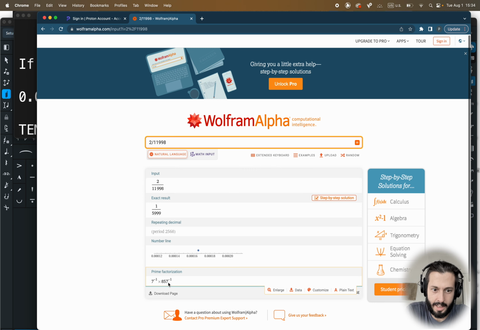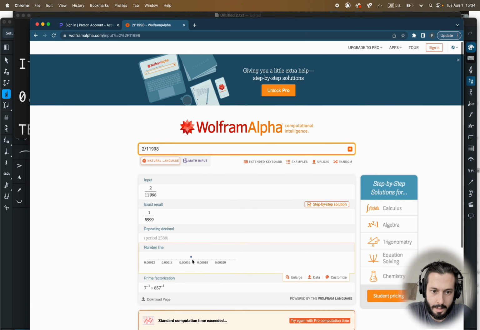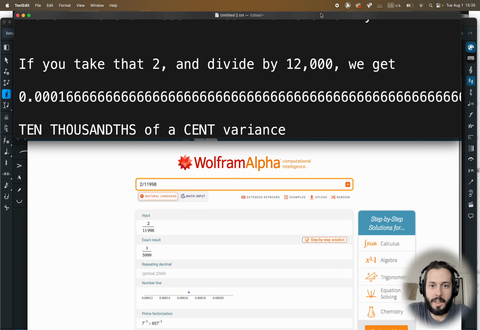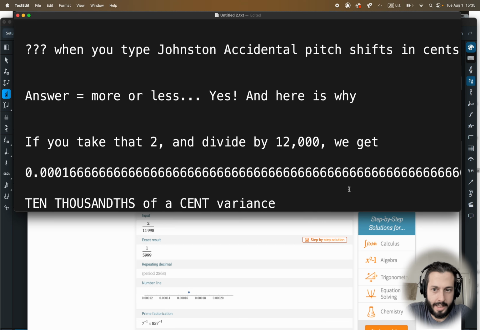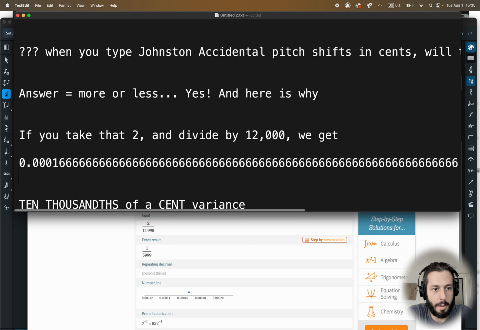That's a cool factorization, that's a cool prime. Okay, sorry, getting distracted. If we look on the number line, it's going to be about 0.0002 ish.